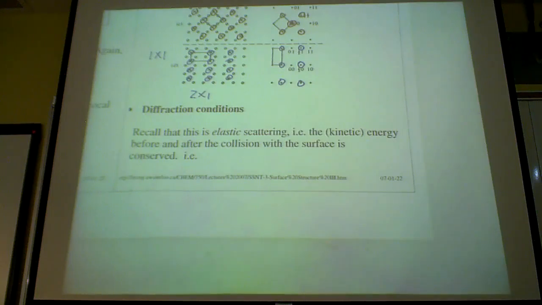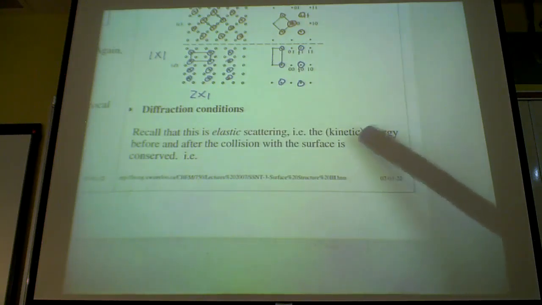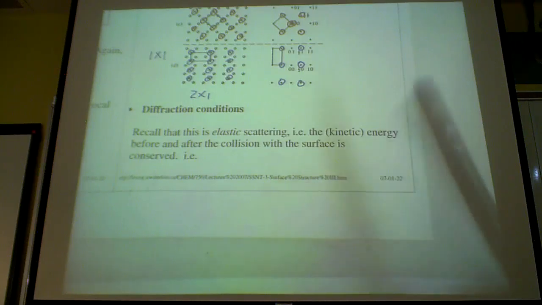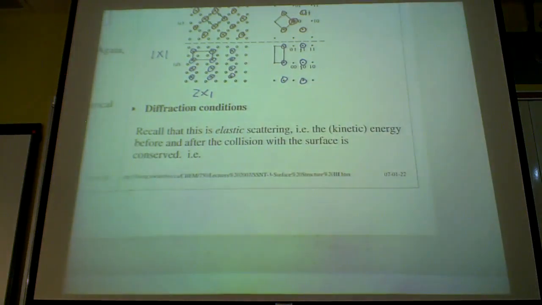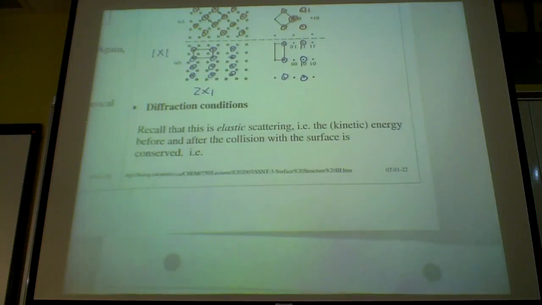Now, what is the diffraction condition? Again, I use a similar way as in X-ray diffraction, where you start with elastic scattering. So the electron beam is elastically scattered. That means the kinetic energy does not change before and after the collision.